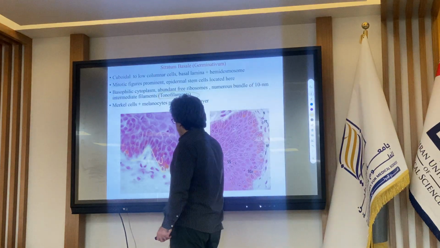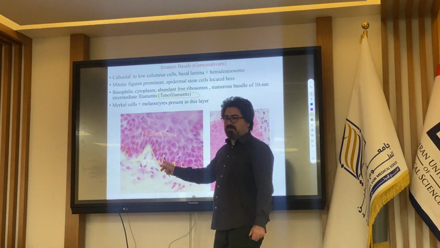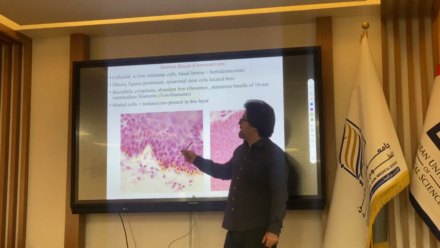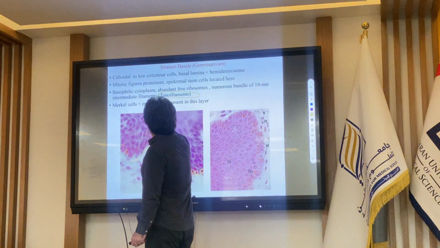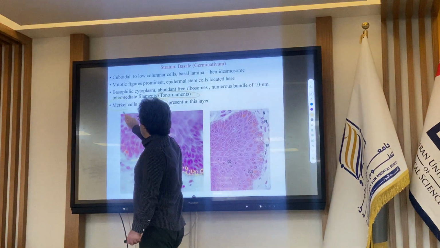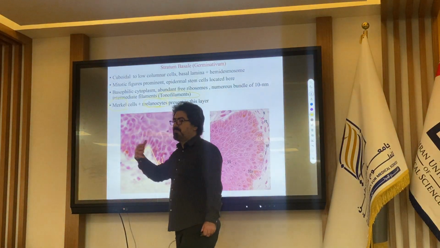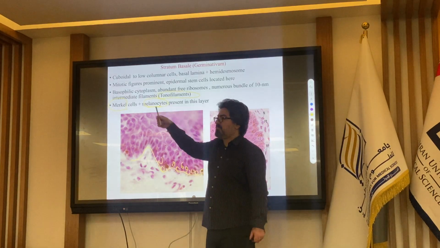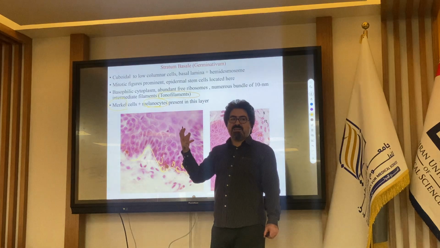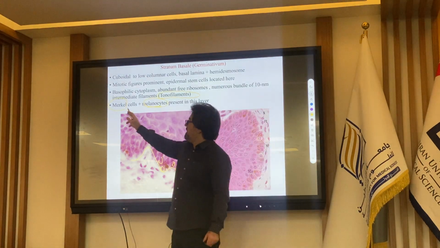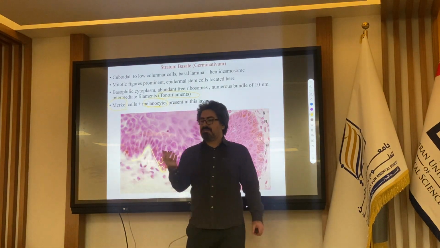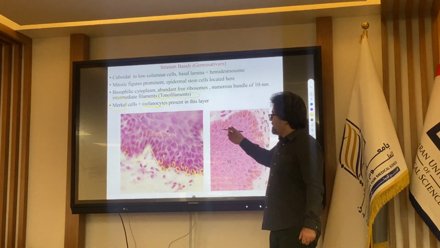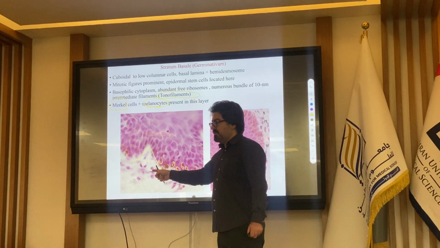And also in this layer, between keratinocytes, there are melanocytes and Merkel cells. As I told you, melanocytes are responsible for coloring. This cell is a pigment producing cell within the skin. And Merkel cell is for sensation of touch. Merkel cells and melanocytes are located between keratinocytes.